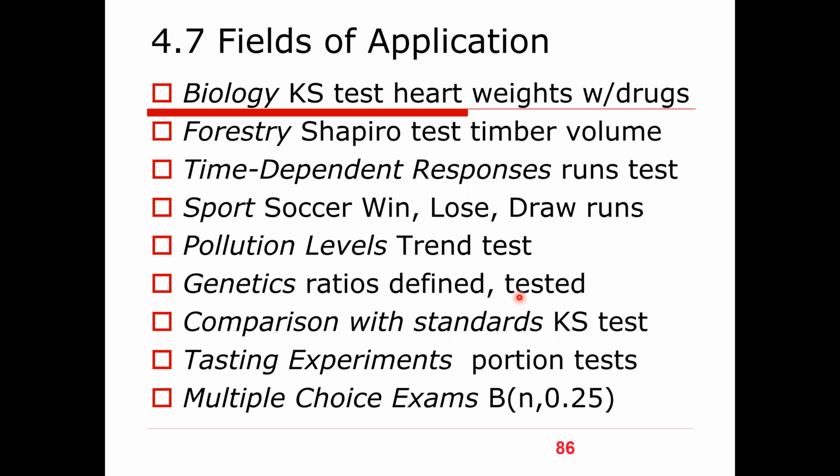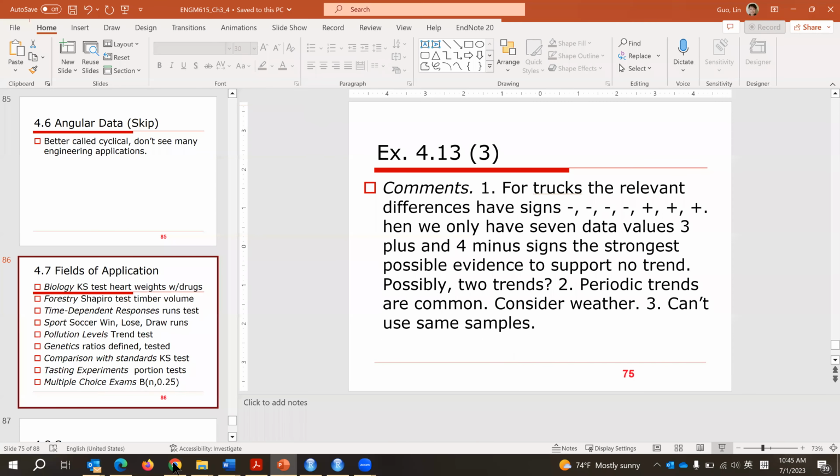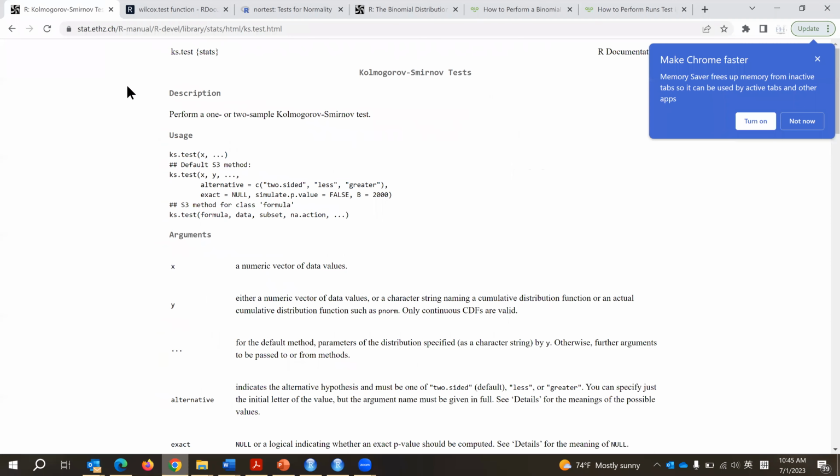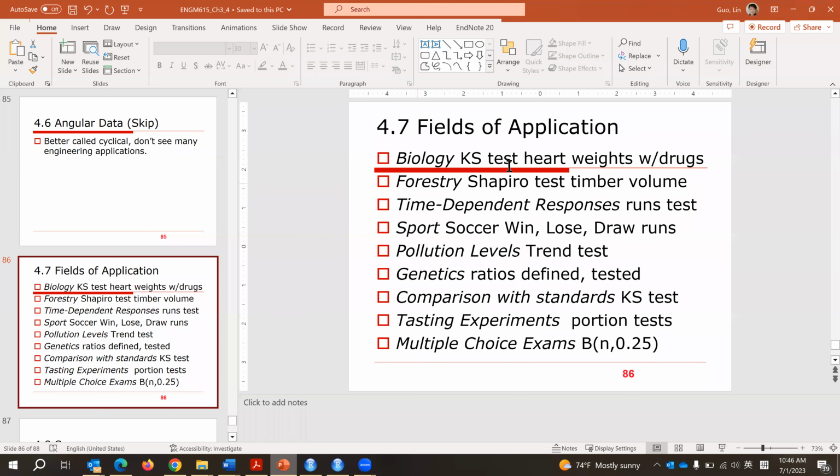And here are the fields of application for each of the methods. The Kolmogorov test in R, we actually use the KS test, ks.test.